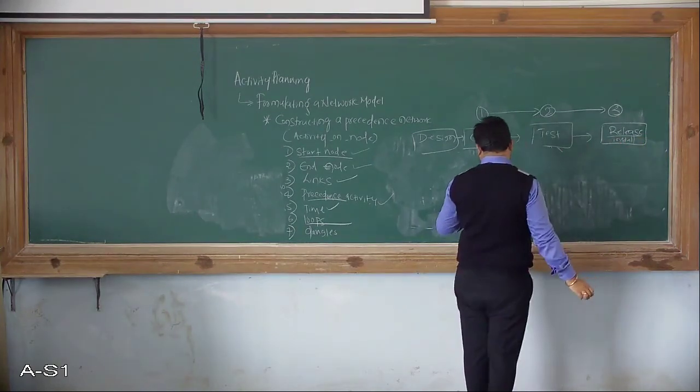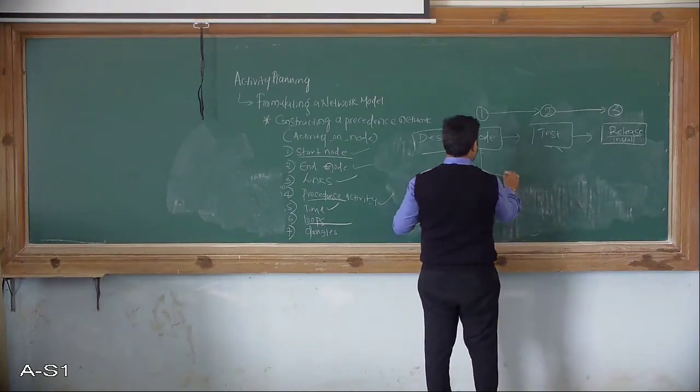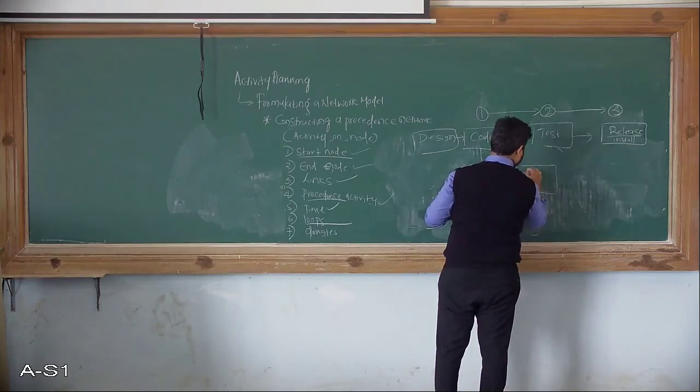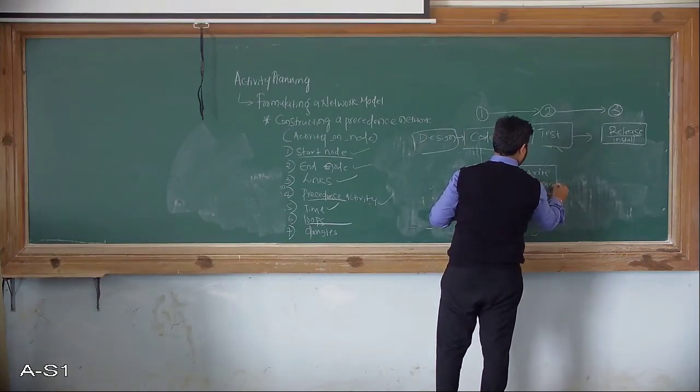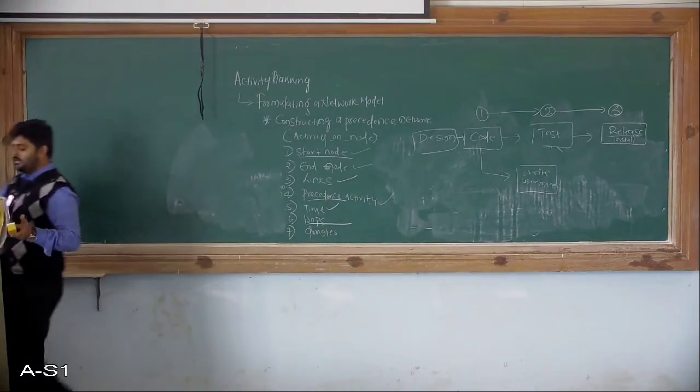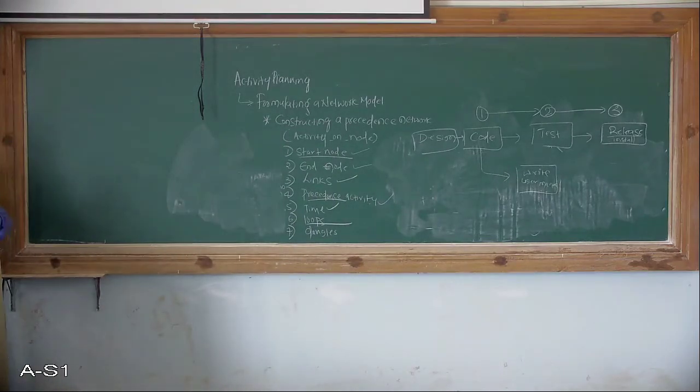In case of code, write user manual. What is this user manual indicating? It is a kind of dangling, where you are hanging between two activities performed at the same time. You should not have that type of dangling or hanging between two activities.